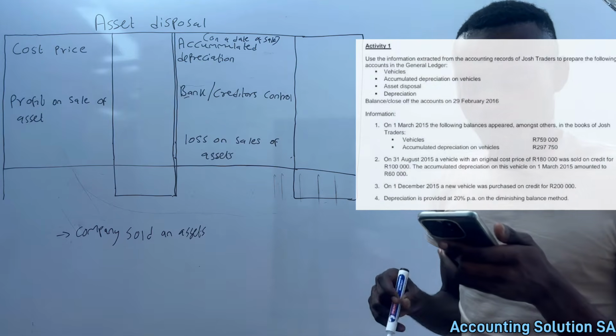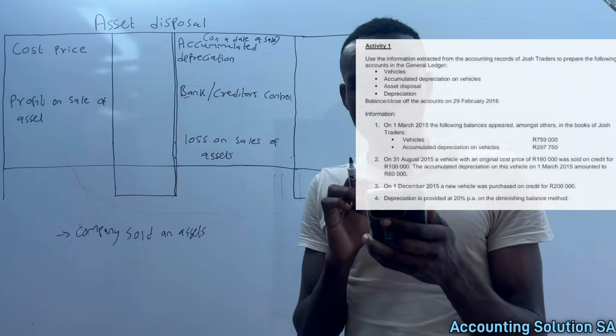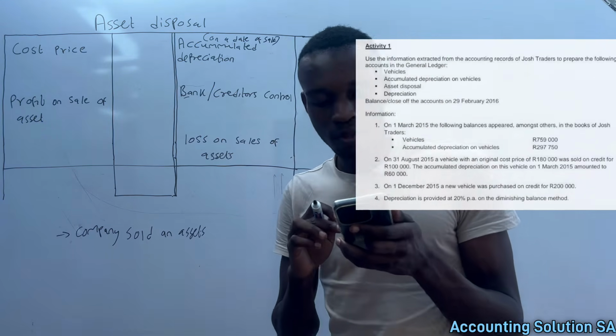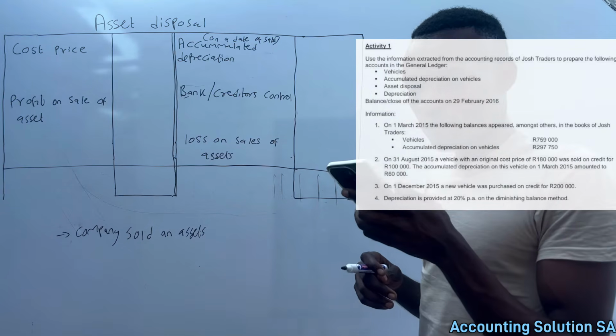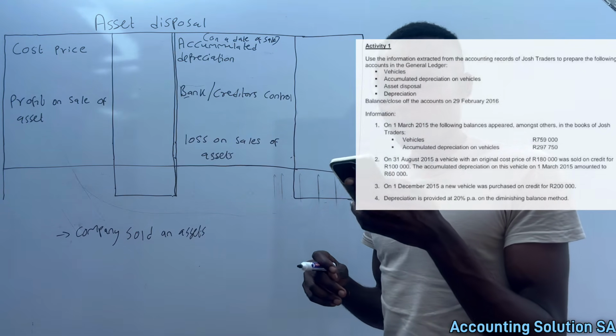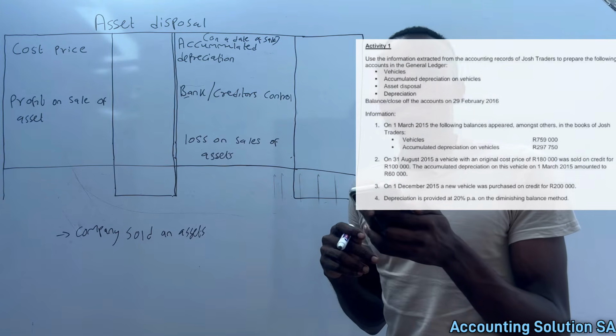As you can see here, they give us accumulated depreciation on 1 March, but it has been sold on 31 August 2015, which means that we need to calculate further depreciation. They said the accumulated depreciation on 1 March amounted to 160.